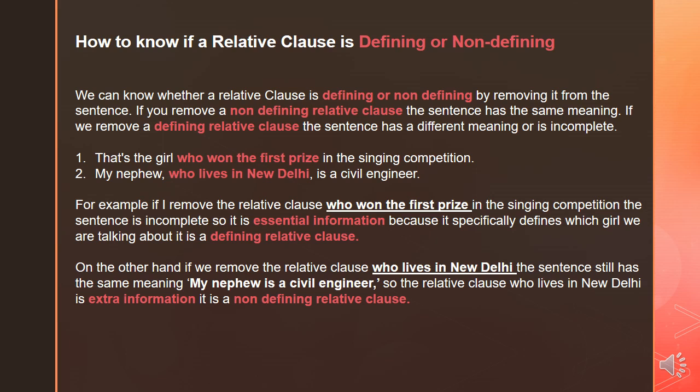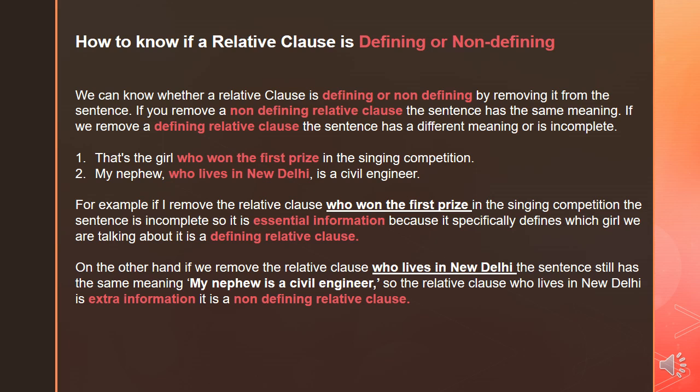If I remove the relative clause in the first sentence, who won the first prize, which I have underlined for you, then the sentence would be incomplete. Let me read it out for you. That's the girl in the singing competition. Have you seen? So much of incompleteness.